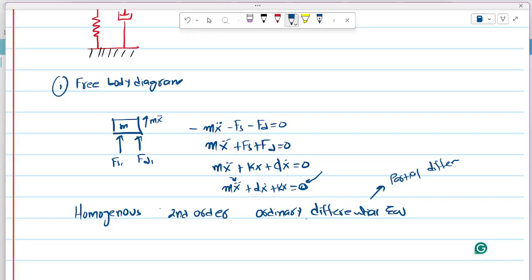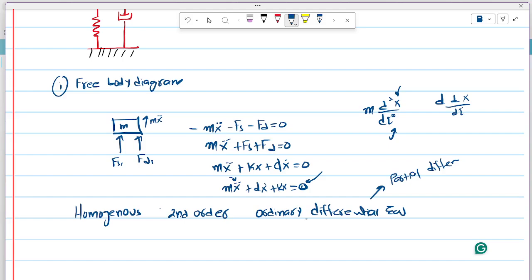In all of these cases, m x double dot means m d square over dt square of x, and d x dot means d over dt of x. So all of them are being differentiated with respect to time only. If there was an equation where the coordinate is differentiated with respect to time and with respect to other coordinates as well in a single equation, then that would be the partial differential equation.